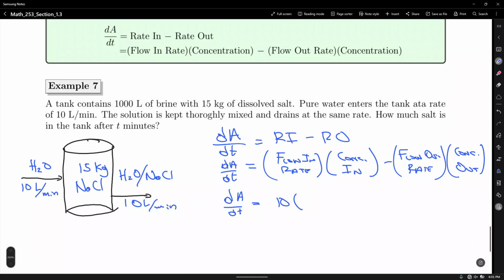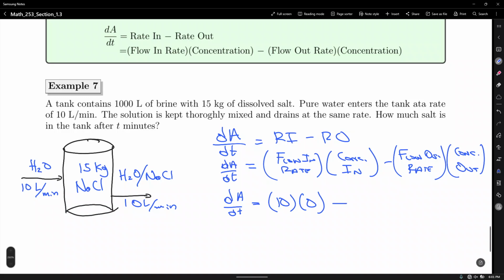So whatever concentration, and here is where the chemistry comes into play. It could be a concentration expressed as a percentage, as percent volume, percent mass, molar, normal, the different units to express concentration in chemistry. In this case, that's 10 times nothing, times 0, because there's no salt coming in, just water.